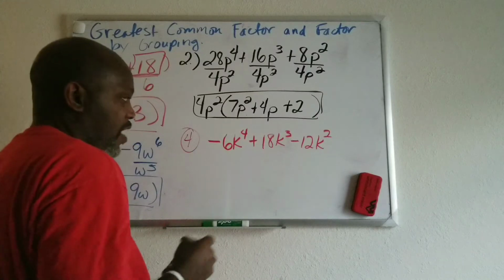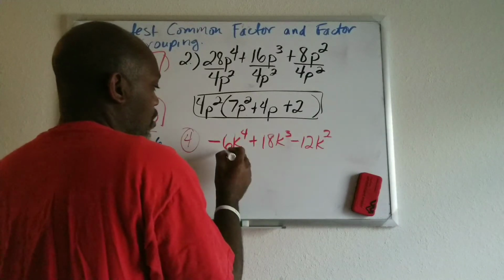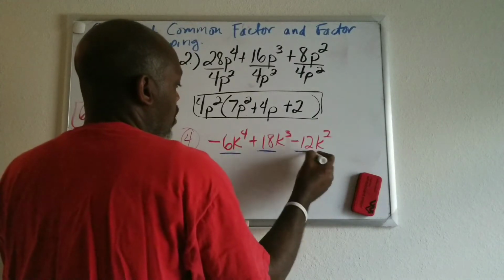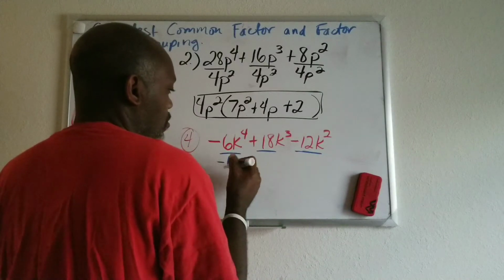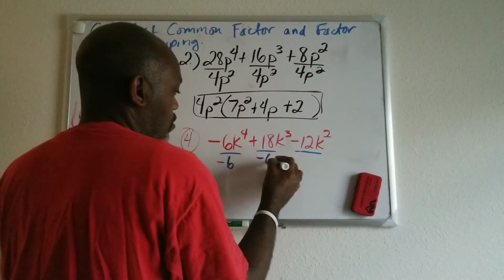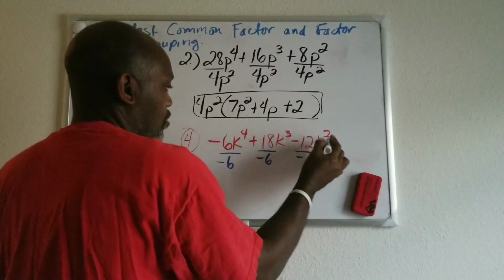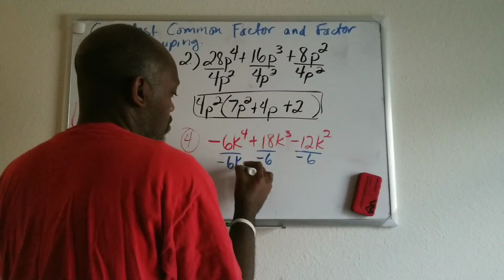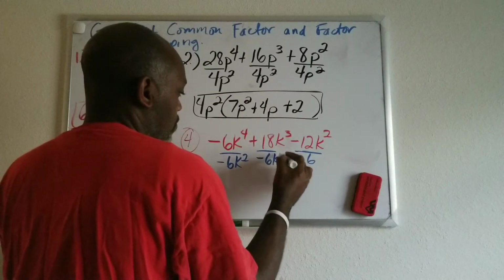So we're going to have to factor out that negative term. And we're going to factor out the greatest common factor, which is going to be -6, right? -6. And then smallest coefficient is to the 2nd power.